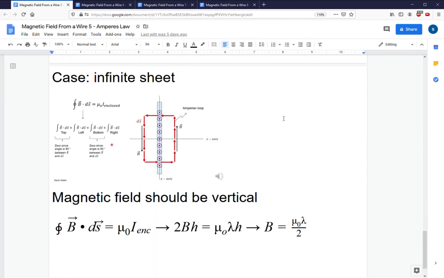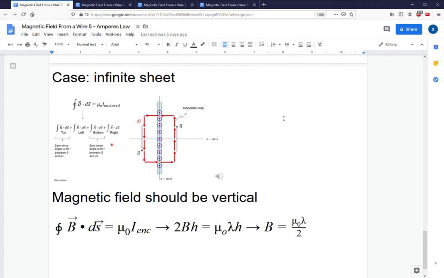Scenario number 3. What if we had an infinite sheet of wire? So there's two ways we can look at this. The first way is imagine that we do have a plane, like a plate of metal, and in that plate, current was all flowing in one direction.